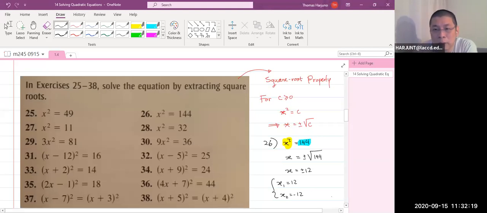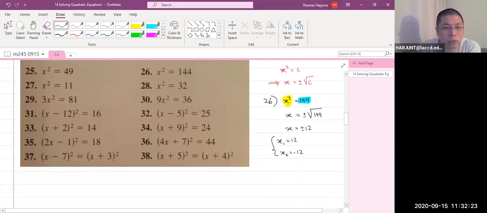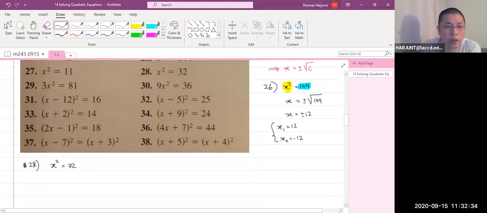Now, number 28. Number 28, x squared equals 32. Now, 32 is not a square number, but still positive. So I can apply the square root property, x equals plus minus square root of 32.